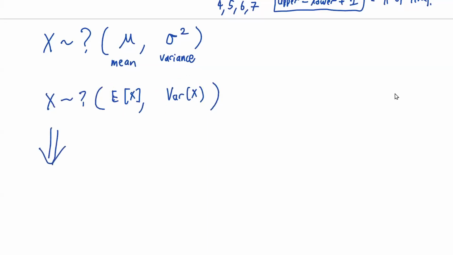We can deduce that x bar, if we define it to be x1 plus x2 until xn, divided by sample size n, that's a mean. Average: add everything together, divide by the number of numbers. If we define this, we can deduce some things about it.